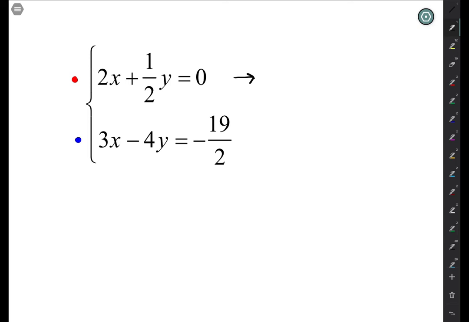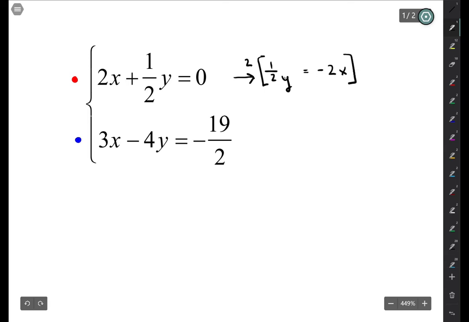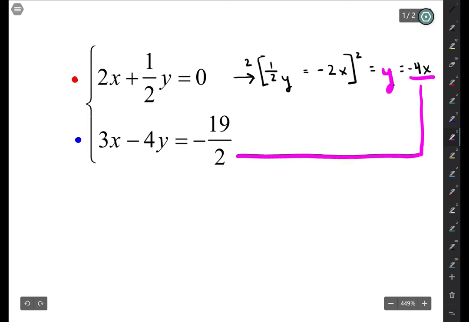So what this will look like is 1/2 y = -2x. And then to get rid of the 1/2, if I multiply everything by 2, then I know that y is equal to -4x. So the goal here is to make this in terms of just a 1y. Now that -4x, I'm going to substitute into the blue equation for y.